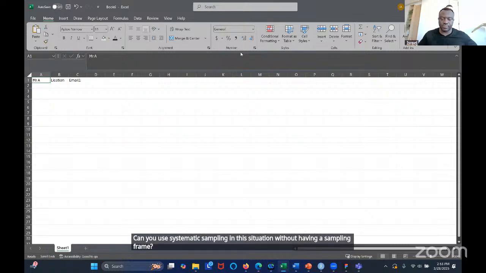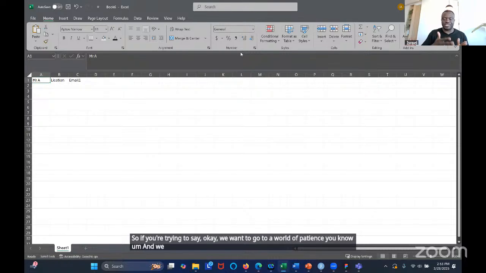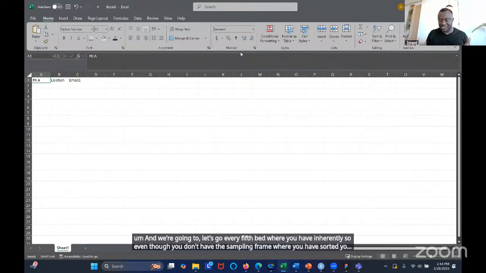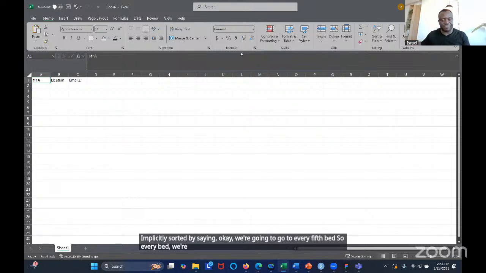Thank you. So if you're trying to say, okay, we want to go to a ward of patients, and we're going to go every fifth bed, you have inherently sorted. So even though you don't have a sampling frame where you have sorted, you have implicitly sorted by saying, okay, we're going to go to every fifth bed. So every fifth bed, we're going to ask every fifth patient.